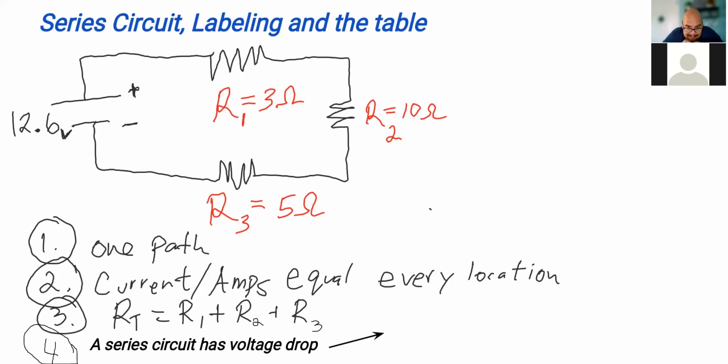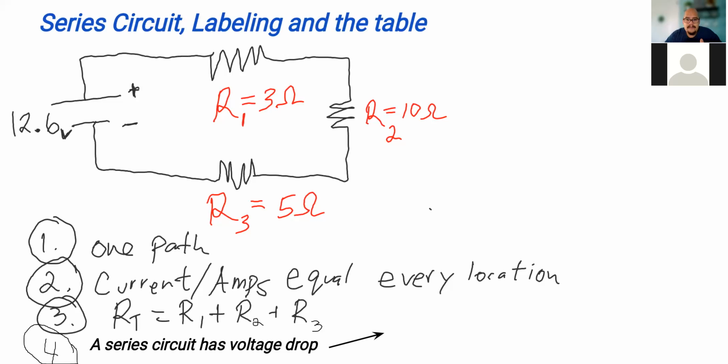Now, if each resistor was equal, then the battery would split up equally. In this case, we would only have to divide 12.6 by 3. Why 3? Because we would have 3 equal resistors. But in this case, we do not have 3 equal resistors.